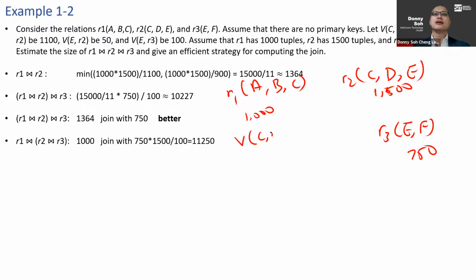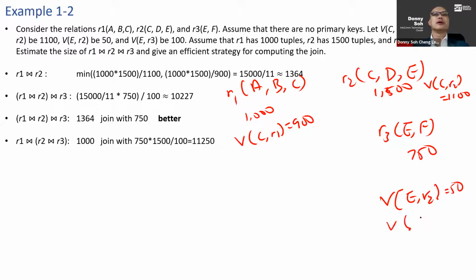V of C in R1 is 900. V of C in R2 is 1100. V of E in R2 is 50. V of E in R3 is 100.